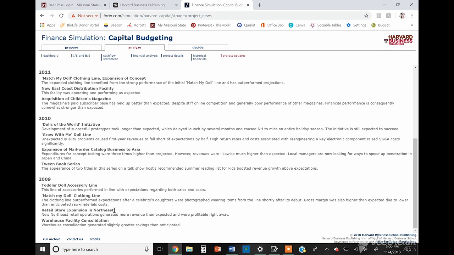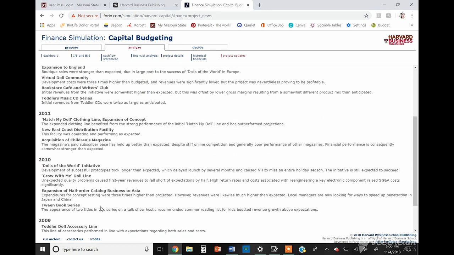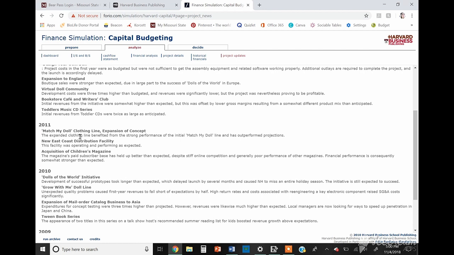You can see for the first 2 years I chose 4 projects, but in 2011 I only chose 3. And that was because in that year, so many of the available projects had a terminal value of 0, meaning that they weren't going to have any value in the future. So I didn't want to pick those. So that affected how many projects I could choose based on my capital budgeting strategy.